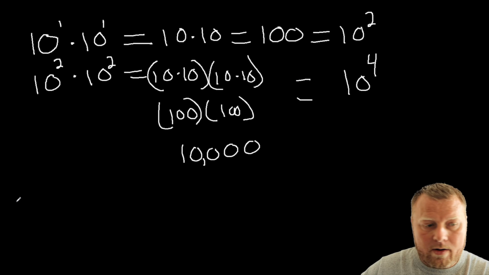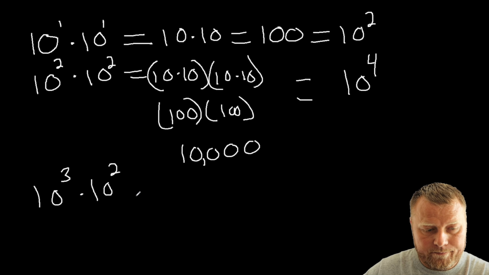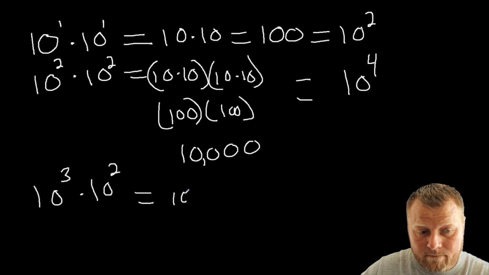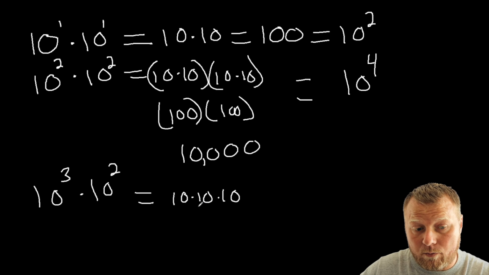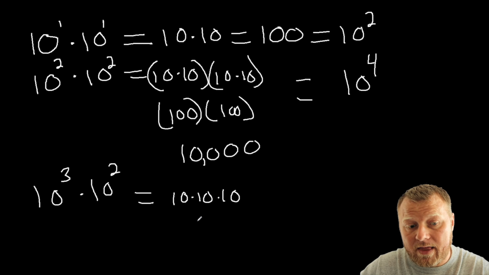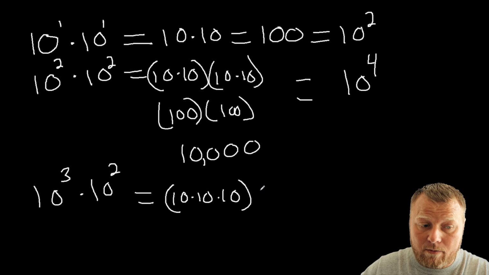Let's try one more, and then we'll see if we can get a pattern here. Let's do 10 to the third times 10 squared. So what is that equal to? Well, 10 to the third is 10 times 10 times 10. That is equal to 1,000, right? Because 10 times 10 is 100, times 10 more is 1,000. So this whole set here is actually worth 1,000.